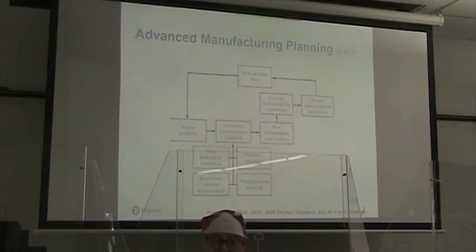That goes along with our facilities planning and our new technology evaluation. That all goes into our advanced manufacturing planning. We're going to be investing in the new technologies and facilities needed that will enhance our existing manufacturing capabilities and help shape our future manufacturing capabilities.